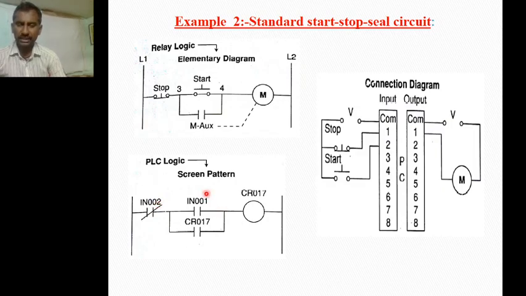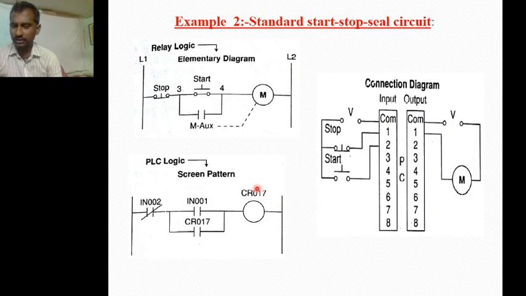If you press the start button, that means IN001 is on, so this normally open contact becomes closed. IN002 is closed and IN001 is closed, so we have the path for CR017.